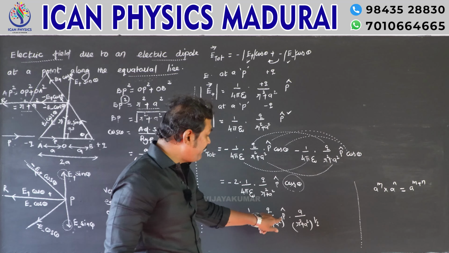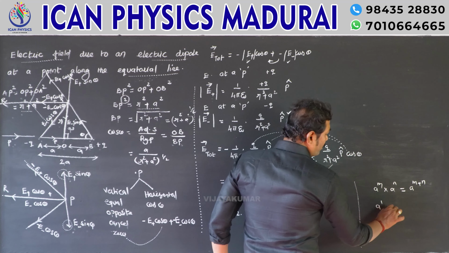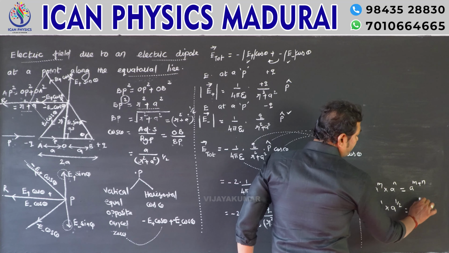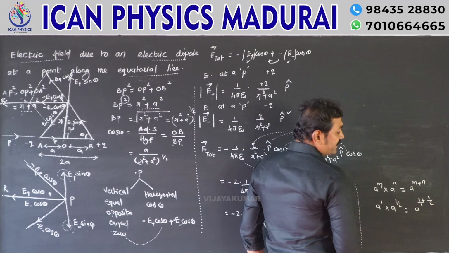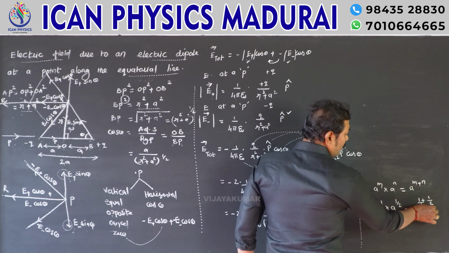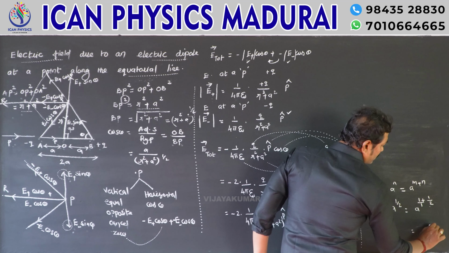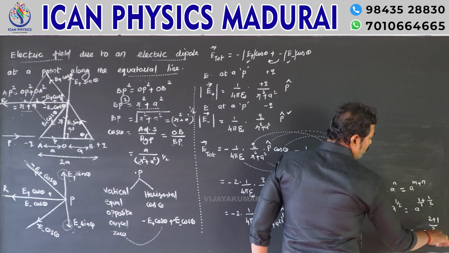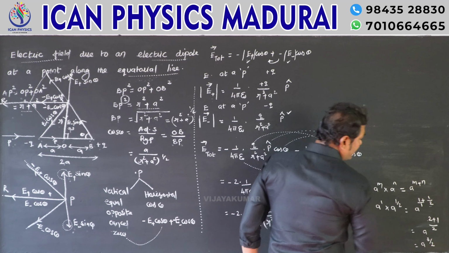We have 1 here and half there, so a power 1 into a power half equals a power 1 plus 1 by 2, which is a power 3 by 2.